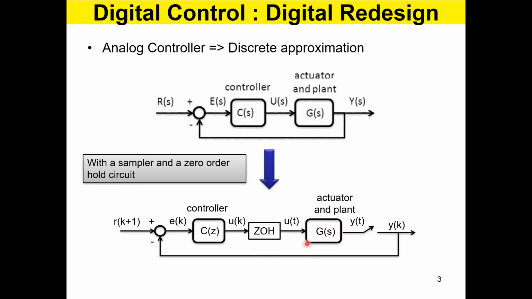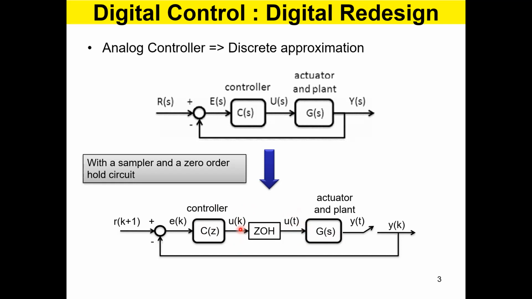Which means this plant can take only analog signals as the input, which means u(t). The plant can take only continuous signals, u(t). But now what we have is u(k), because your controller is discrete. So now you need to convert u(k) to u(t).